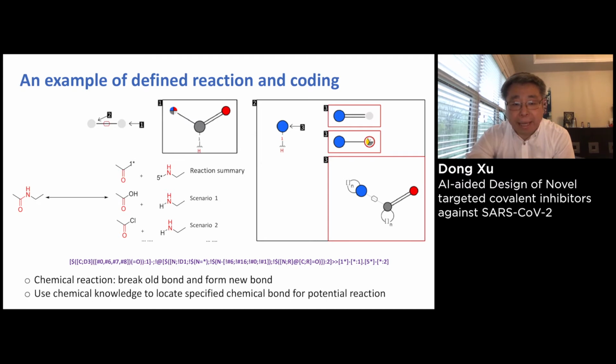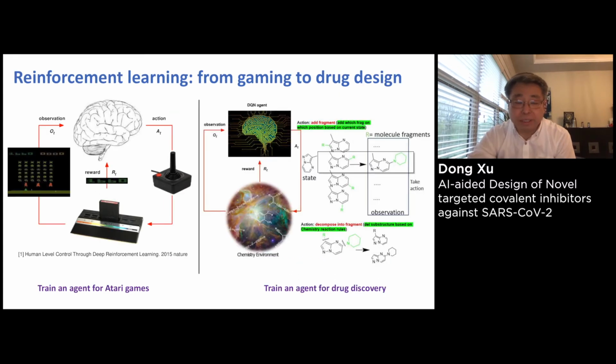So by encoding such knowledge into the SMIRCs encoding, we could use a machine learning method to systematically explore all these possibilities. And the way we do it is through reinforcement learning. That is the same method used for Atari games.